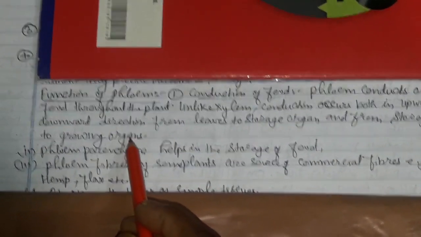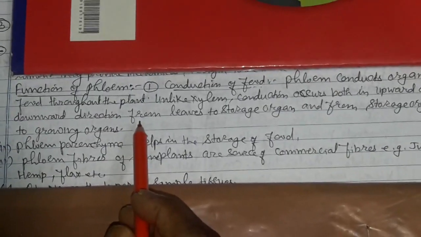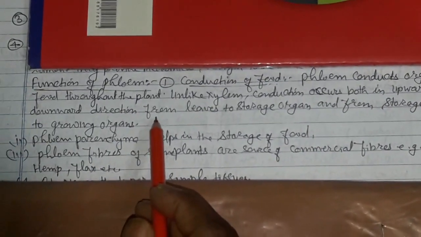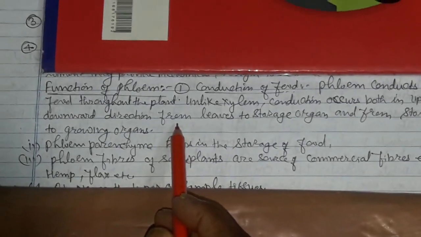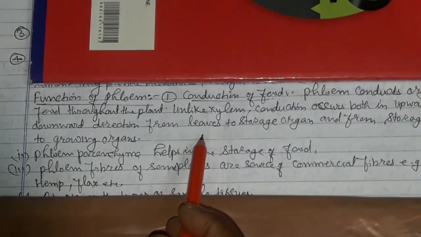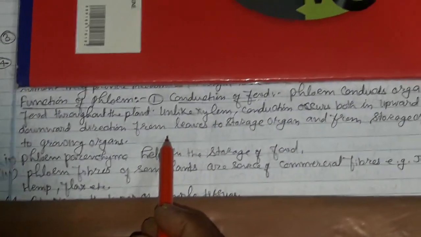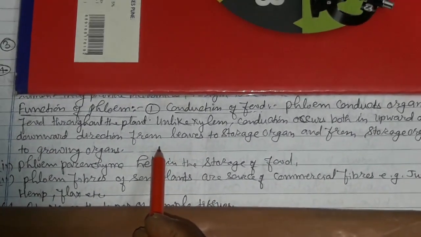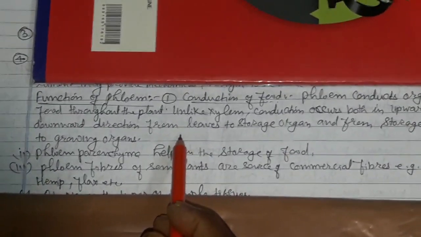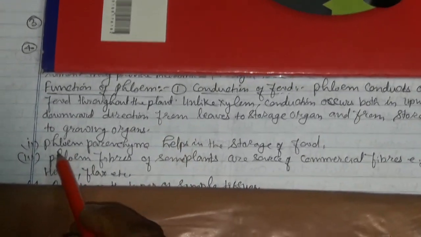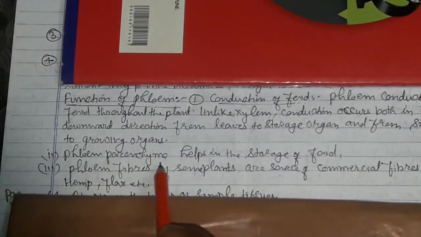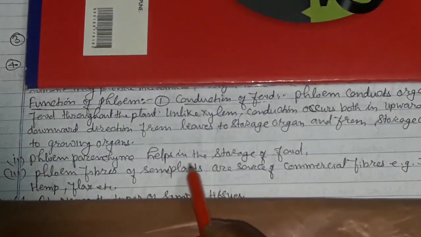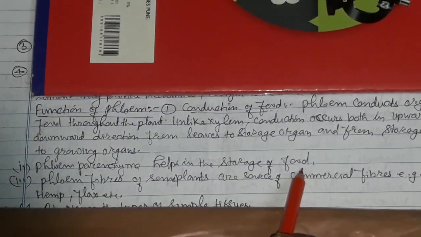Means the conduction of the food in the phloem is bidirectional. One is upward direction and second is the downward direction. While in xylem only unidirectional conduction occurs. Second function of the phloem is that the phloem parenchyma helps in the storage of the food.